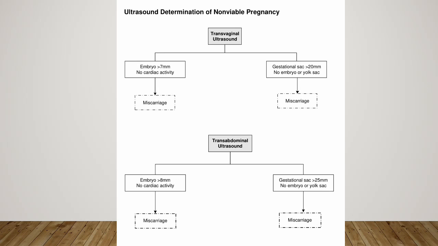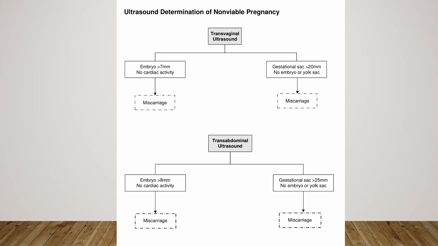TVS is preferred for the diagnosis, but in some cases we cannot do TVS, so transabdominal can be done, but the parameters are different. In TVS, if the embryo is more than 7 mm and there is no cardiac activity, then it is a miscarriage.